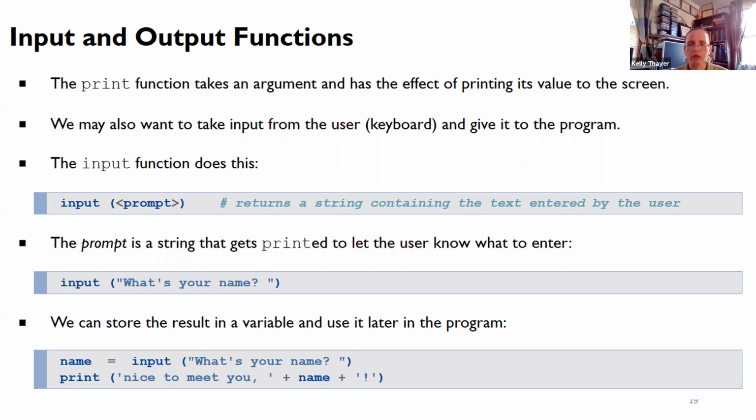Input will take whatever the user types, and then it will return that to the program. If you store that in a value, then we can use that information. So for example, here is the input function, which will return whatever the user types into a variable called name, and then it gets into the program and we can print that to the screen.